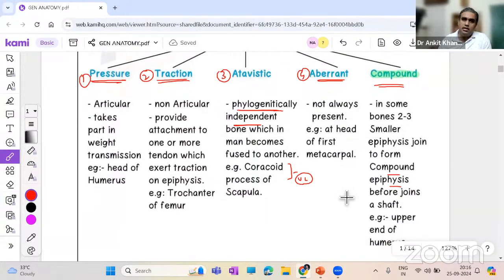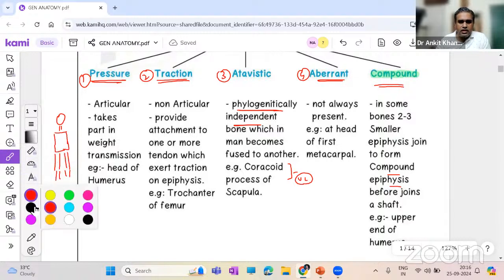Pressure epiphysis. Pressure means some weight is being put onto it. So it is articular. Articular means the epiphysis is forming a joint with some other bone. Imagine a human body: this is the head and neck, this is the trunk, and these are the lower limbs.